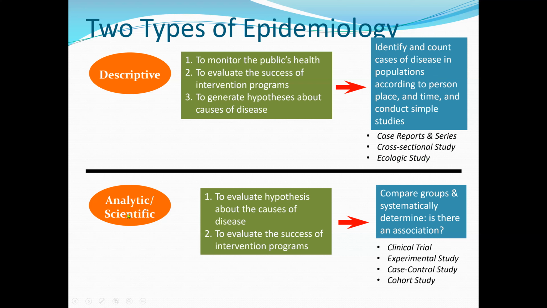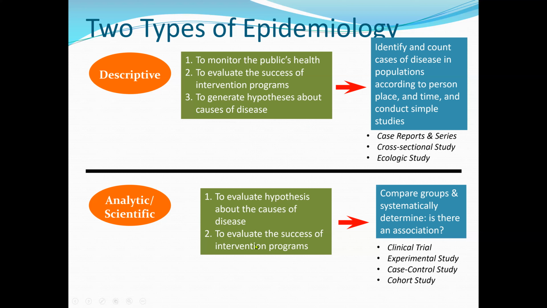So in analytic epidemiology, we are able to evaluate the hypothesis about the causes of disease, while in descriptive, we generate the hypothesis. In descriptive, we are trying to understand the phenomena or the exposures or the risk factors as it's related to the disease or the outcome. So descriptive generates hypotheses. Then in analytic, we are going to evaluate it.